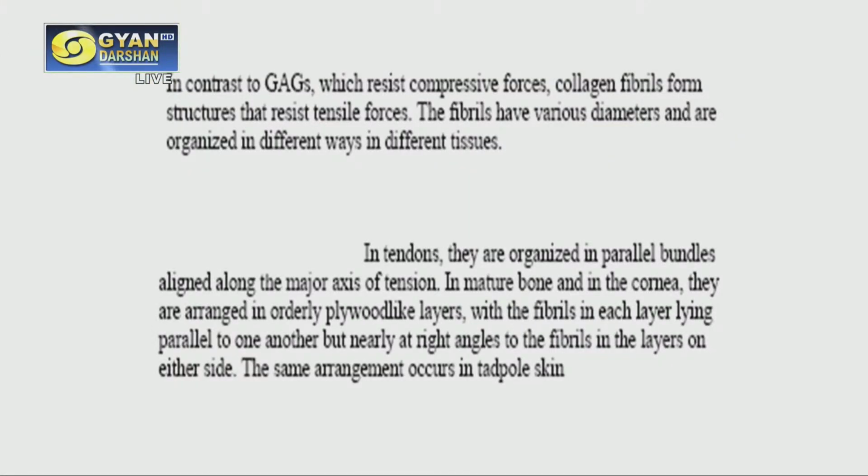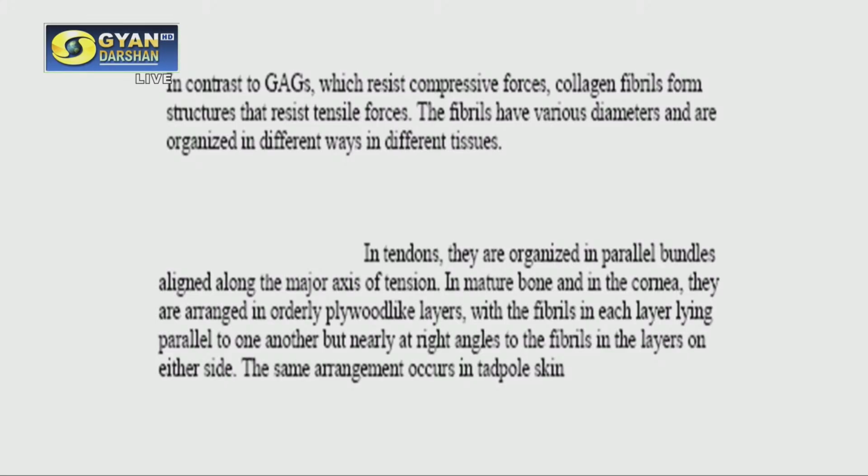In tendons, they are organized in bundles aligned along the major axis of tension. In mature bone and in cornea, they are arranged in orderly plywood-like layers with the fibrils in each layer lying parallel to one another.